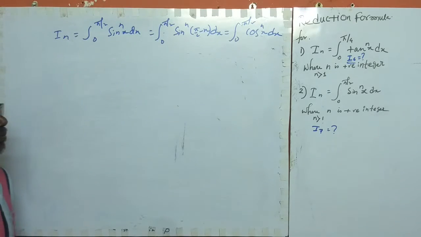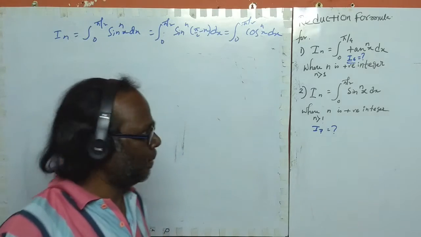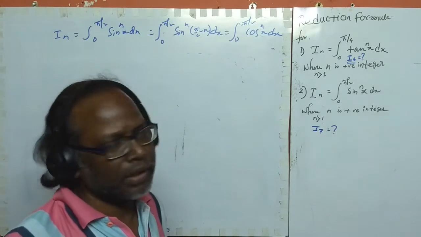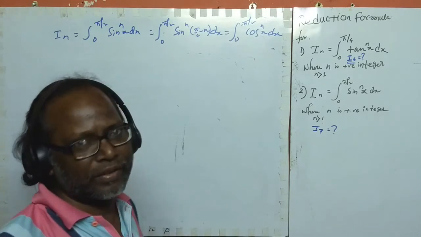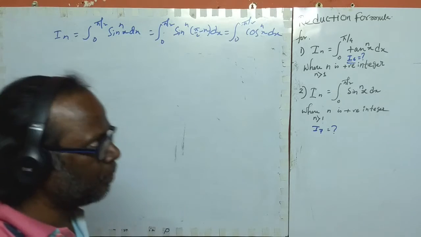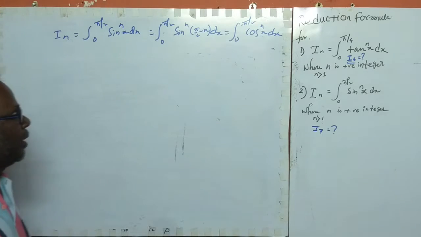See here, in the case of tan, whose degree is n, we have to use the degree like n minus 2 into tan square x, as we want to get the sec square. But here it is sin x, so we have to use the formula of IBP, integration by parts.